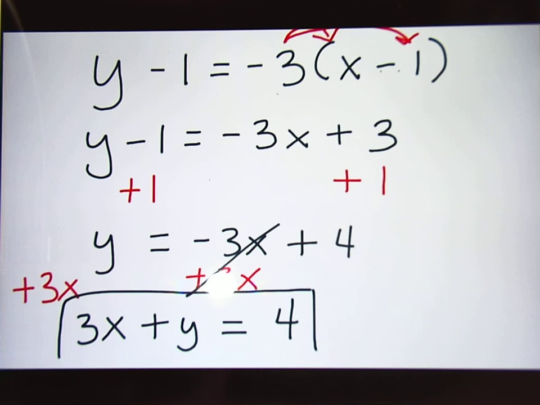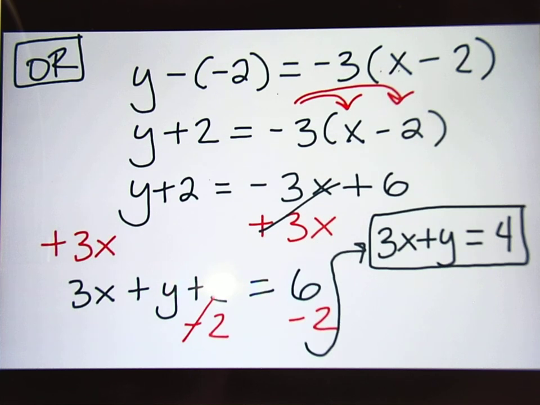So the variable that needs to be moved in this case is the x, or more specifically, the negative 3x. So we're going to add 3x to both sides of the equation. And once we do that, we end up with 3x plus y equals 4. Again, the variables are on the left side and the constant is on the right side, and we're going to put a box or a circle around that final answer.